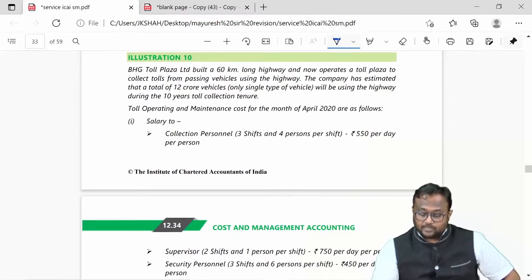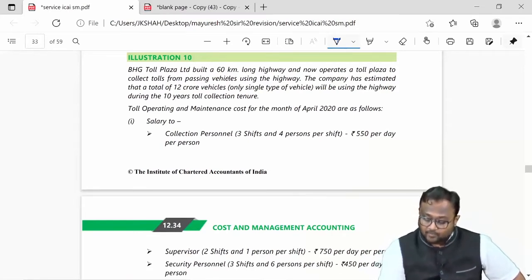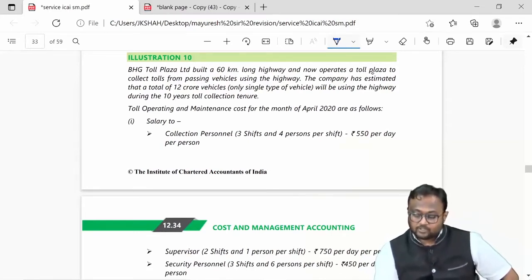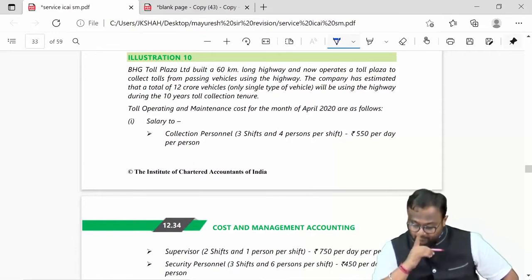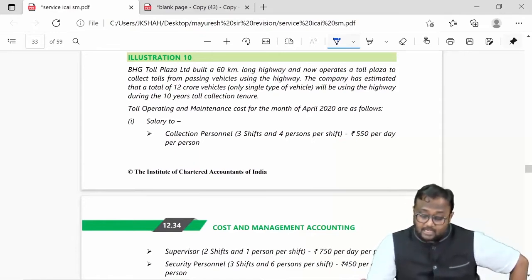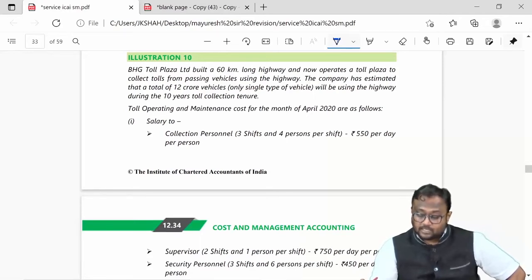BHG Toll Plaza Limited built 60 kilometers long highway and now operates a toll plaza to collect tolls from passing vehicles using the highway. The company has estimated that 12 crore vehicles, only single type, not single way. Single type means only one type of vehicles will travel, 12 crore vehicles for 10 years.